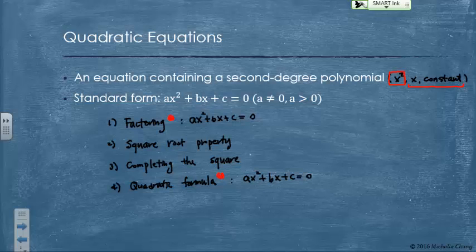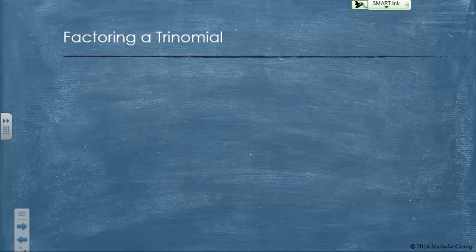Now let's think about how to solve a quadratic equation using factoring. Obviously, you should know how to factor a trinomial to use factoring to solve your quadratic equation, right? So, let's think about how to factor a trinomial. Quick review. As most of you know, factoring is the opposite operation of distribution.